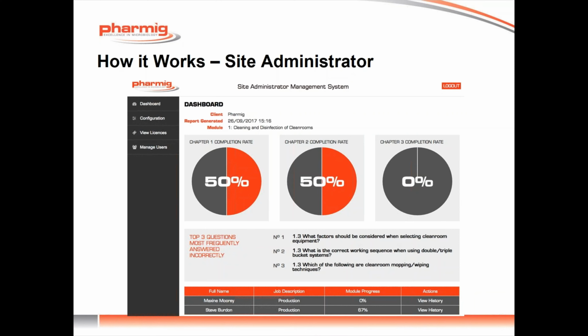The status of each trainee's progress is also displayed, and it's also possible to drill down to an individual's answer for each of the questions, as well as getting general oversight on completion status. So if training needs to be completed by a given date, the site administrator has a clear overview of how a department is progressing.